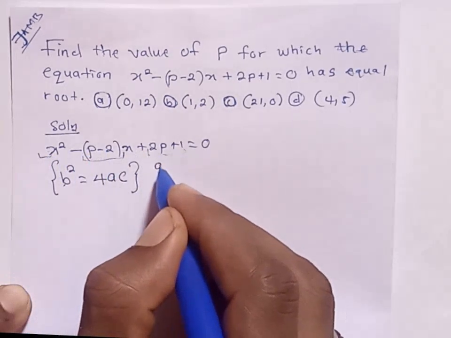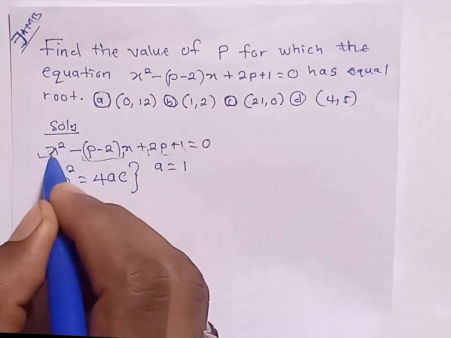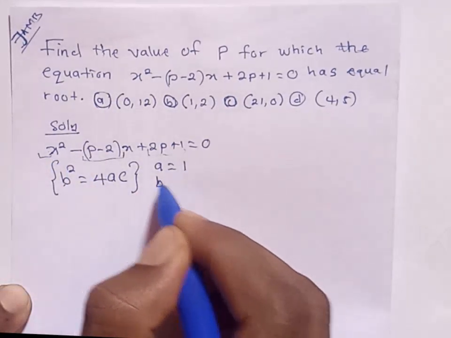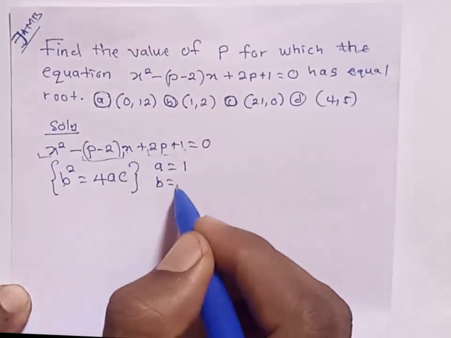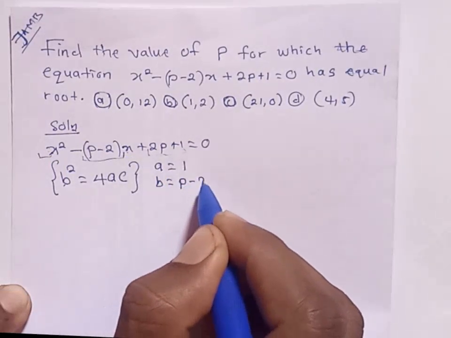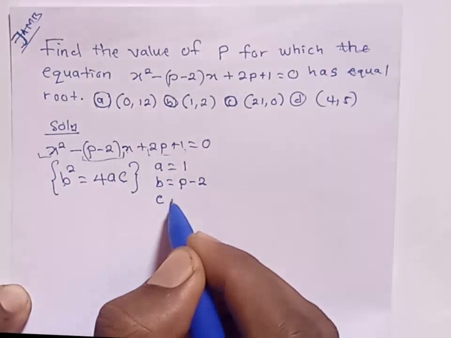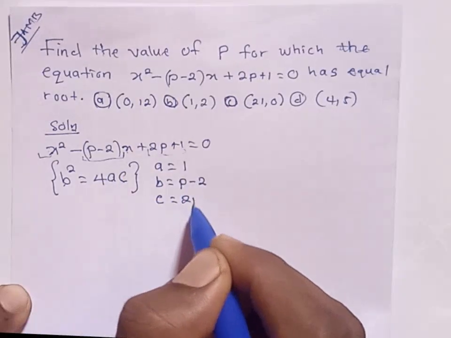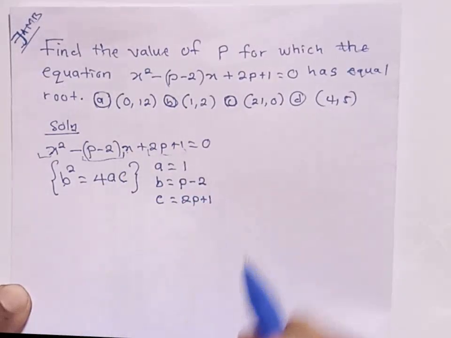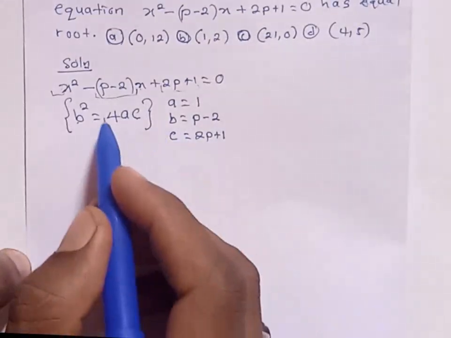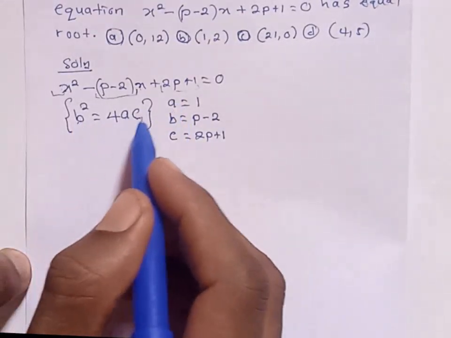So a equals 1, b is p minus 2, and c is 2p plus 1. Now substituting into b squared equals 4ac.